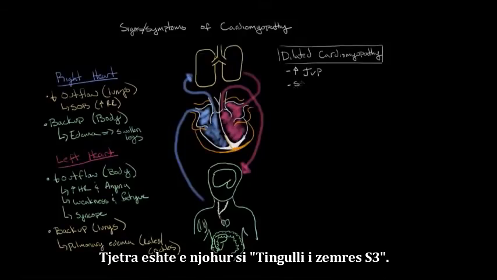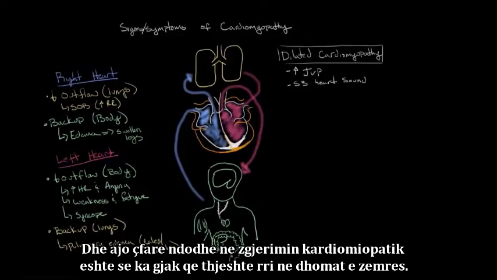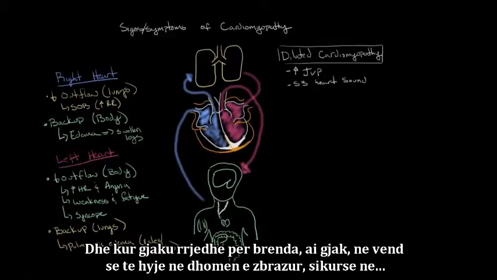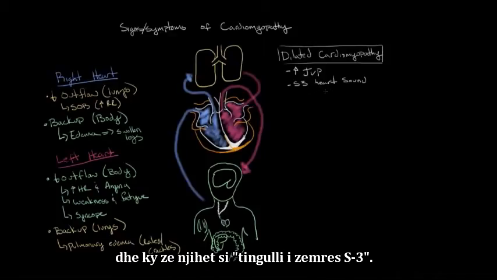And another one is something known as an S3 heart sound. So normal heart sounds have 2 sounds. There's a lub-dub sound, and what happens in dilated cardiomyopathy is that there's blood just sitting in the chambers here, and when it flows in, that blood, instead of entering an empty chamber, or a relatively empty chamber in a normal heart, it's filling a fairly full chamber, and that makes a characteristic sound that can be heard on the chest with a stethoscope, and this sound is known as the S3 heart sound.